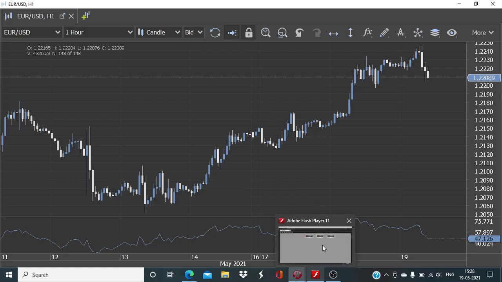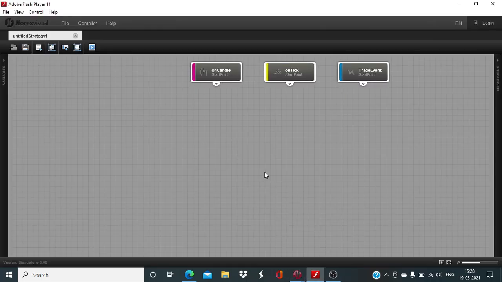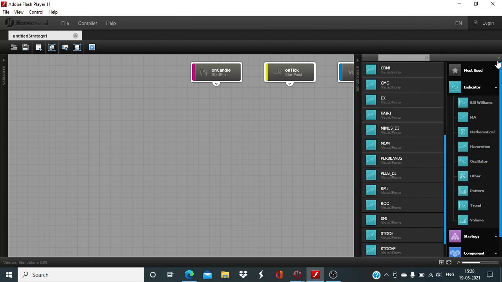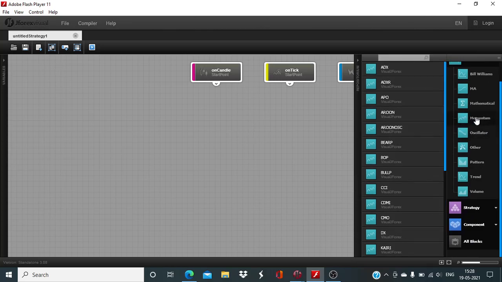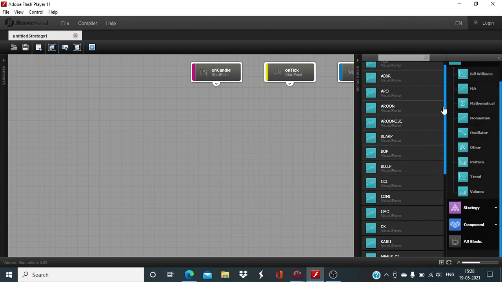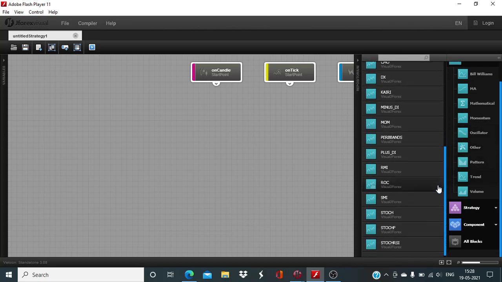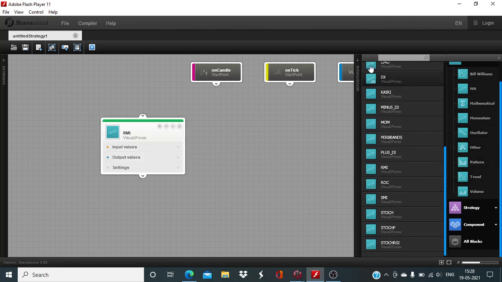And now we go back to the Visual JForex board, which has been developed by the Dukascopy Bank SA. Here I will make you familiar with this indicator RMI. Here it is.